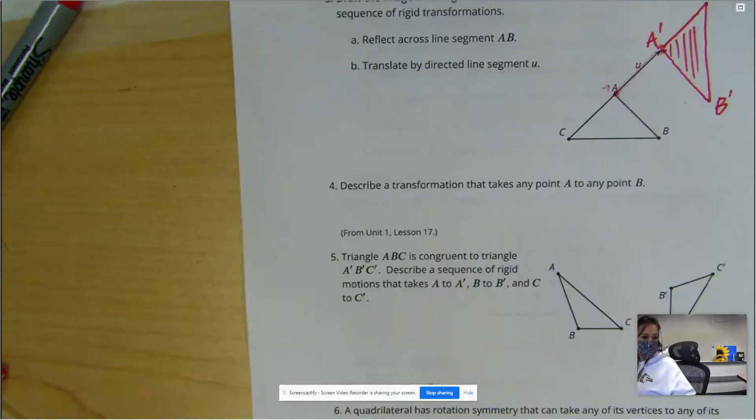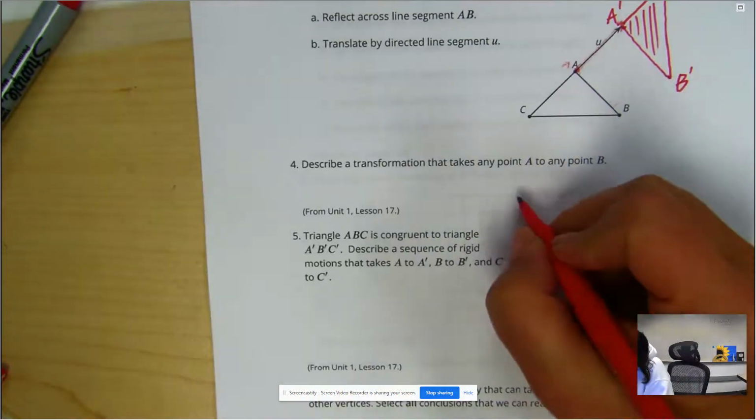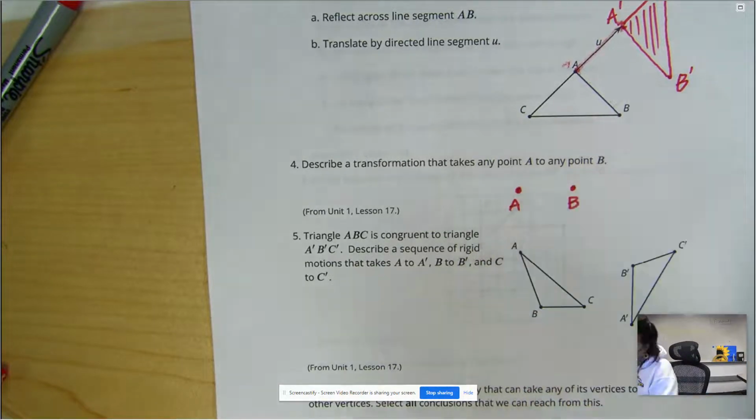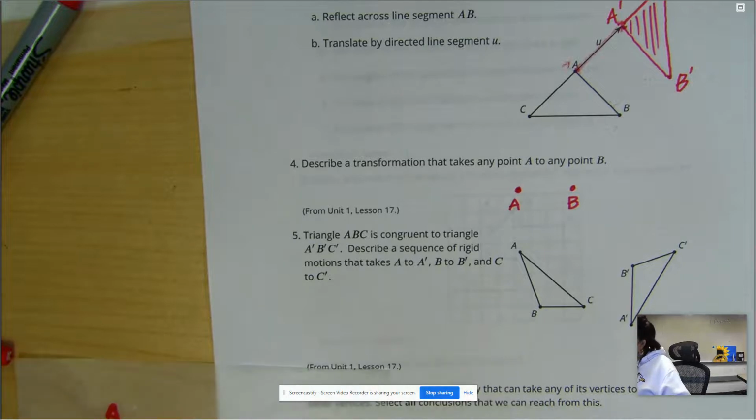Number 4, describe a transformation that takes any point A to any point B. So I would draw myself some points to visualize, and there's lots of answers for this. You could figure out a way to rotate it, a way to reflect it, a way to translate it. I think I'm going to use a rotation.